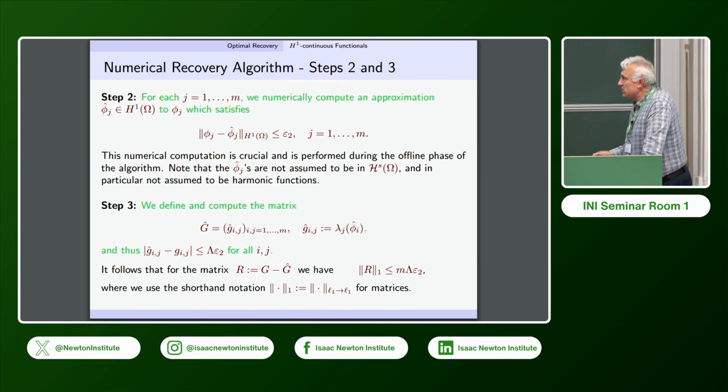So in order to compute the matrix, we first have to consider what this epsilon 2 is, and then have the estimate for the entries of the matrix. We use the L1 norm, the matrix norm from L1 to L1, to estimate the error between the two matrices.